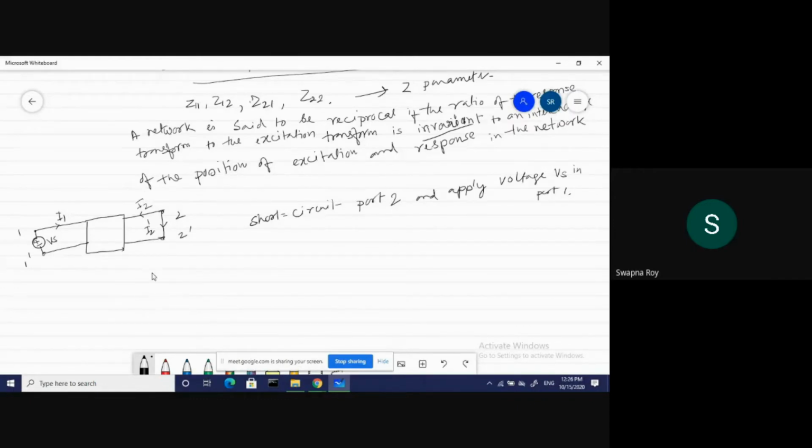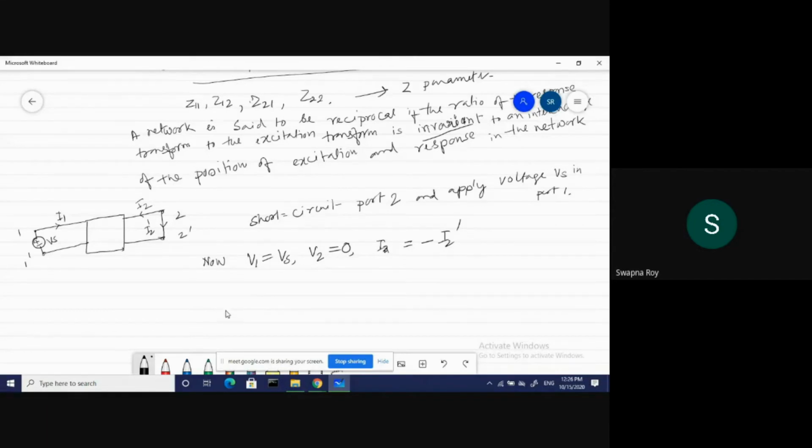So now V1 is equal to Vs, and as the output port is shorted, the V2 will be 0 and I2 is equal to minus I2 dash. It's clear? So I2 is equal to minus I2 dash. This is I2. So I2 is equal to minus I2 dash.